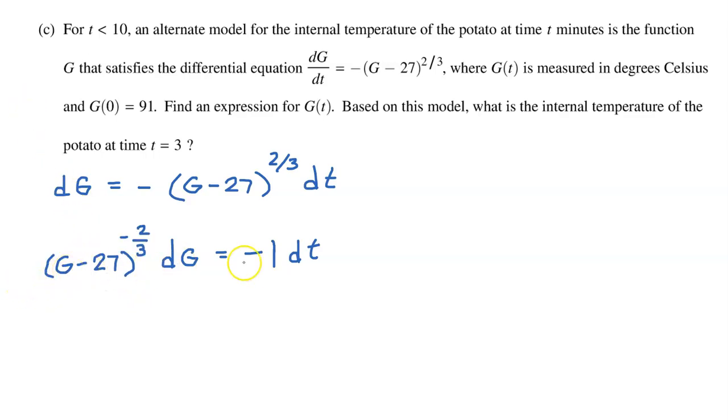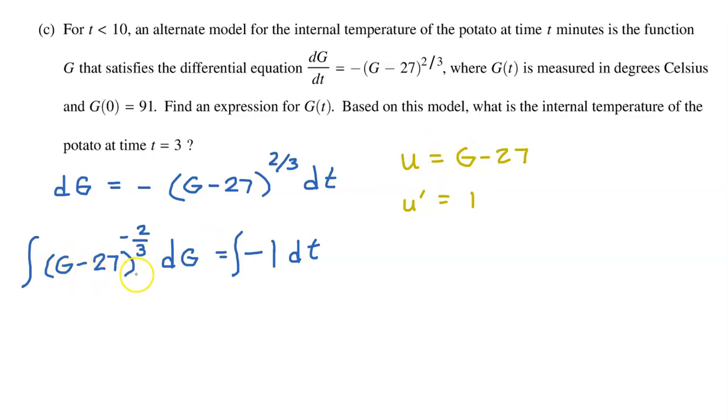We can now solve the differential equation by integrating both sides of the equation. On the left side, this is going to be a mental u substitution. We're thinking that u is g minus 27. That means u prime is only 1. When you do the u substitution, you always end up dividing by u prime, but dividing by 1 changes absolutely nothing, so we can just ignore that and go ahead with the antiderivative.